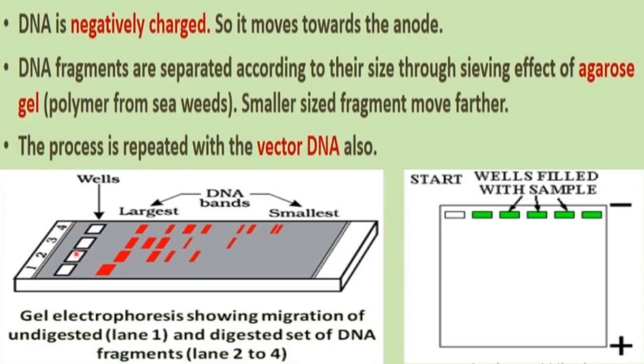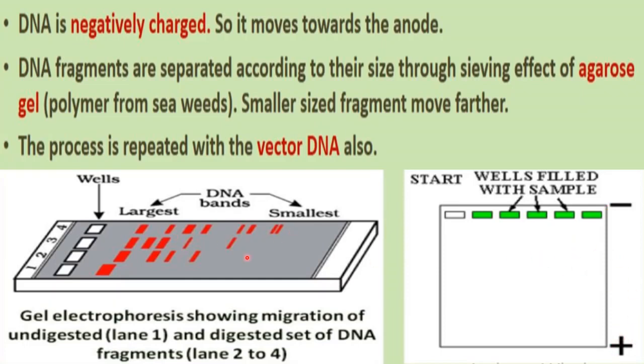Here at this point there is anode, positive charge, and on this side there is cathode. As you can see here also, this is cathode having negative charge, and this is anode having positive charge, right?